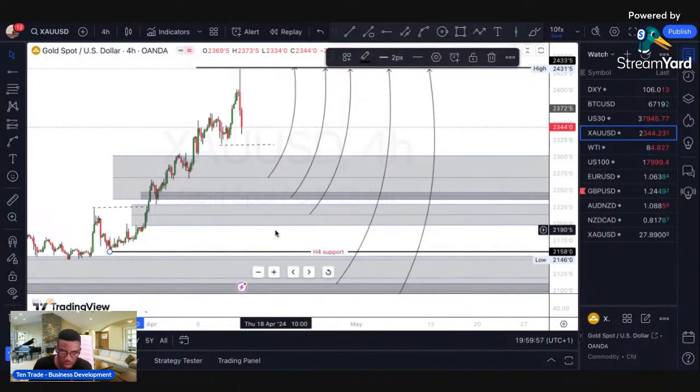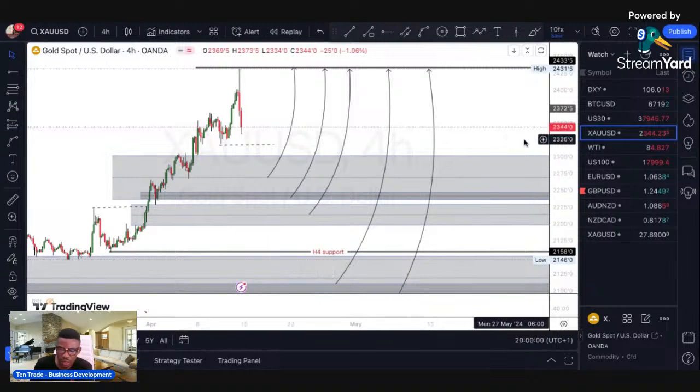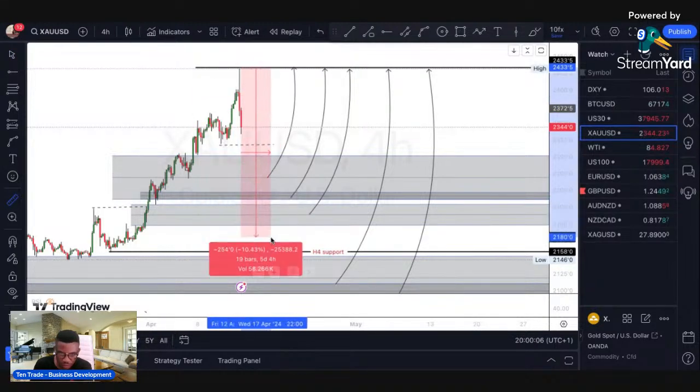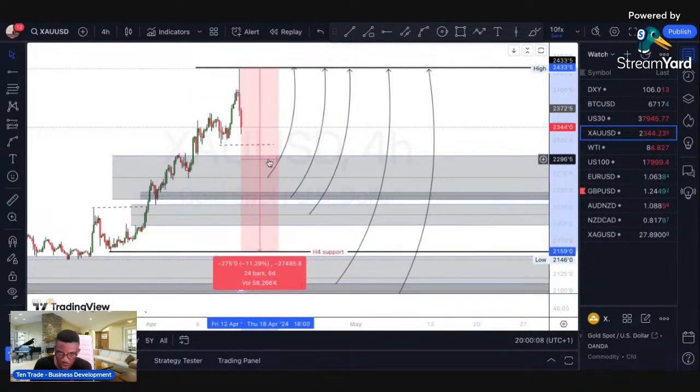So if I'm looking at discount and premium, the best place I'll take the most confident buy from is going to be anywhere below 2297. So which is number 1, number 2, number 3.